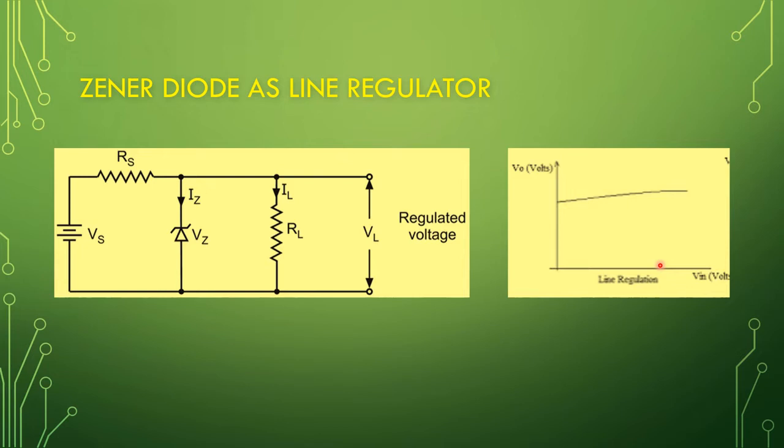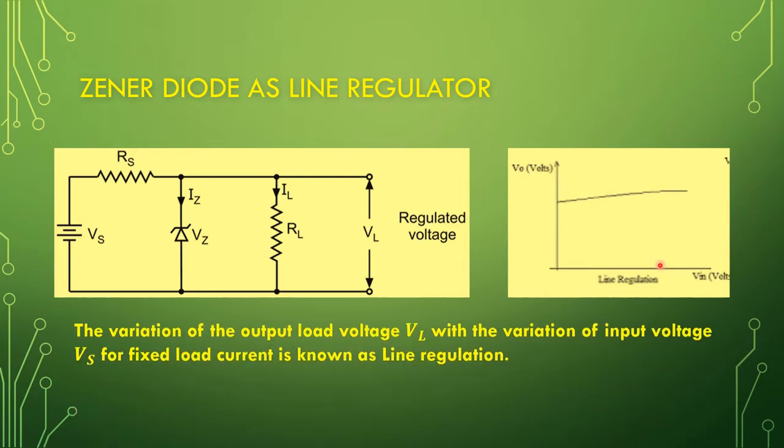That means when we change the output voltage with respect to the input voltage for a fixed load current, we get the line regulation. So here we write that the variation of the output load voltage VL with the variation of input voltage, that is the supplied voltage Vs, for fixed load current IL, is known as line regulation.